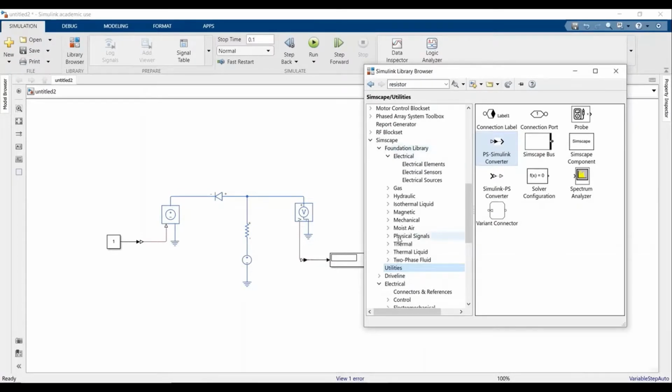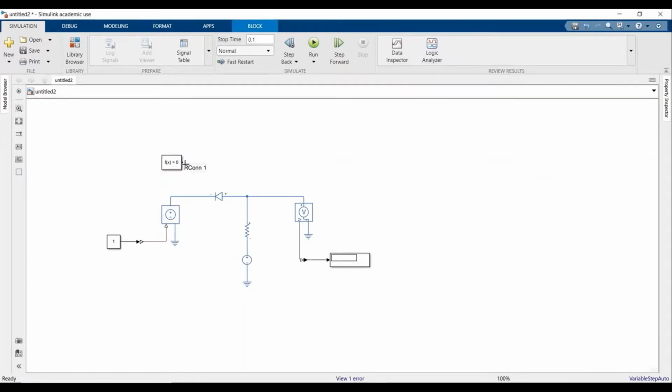Oh no, it's under Utility. Okay, Simscape Utility. You can see that here we have a Solver Configuration. So in order to simulate the physical signals, we need to put a solver configuration connected to the circuit.